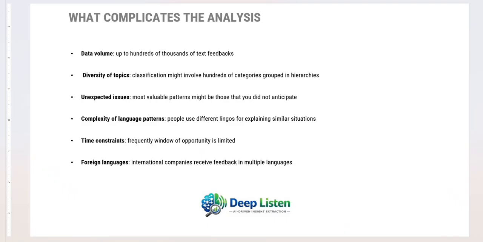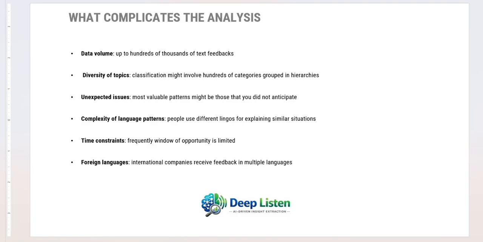So a typical taxonomy that you would be building, this is the hierarchical structure of topics and subtopics that you need to find in your data. It can be measured by thousands of categories. And if you want to do the categorization that you already prepared before, you will be missing newly emerging issues.